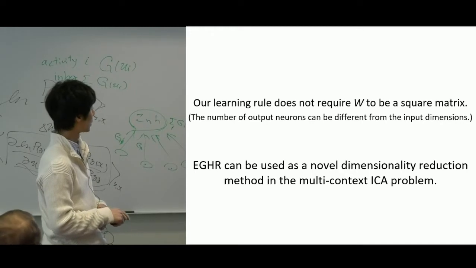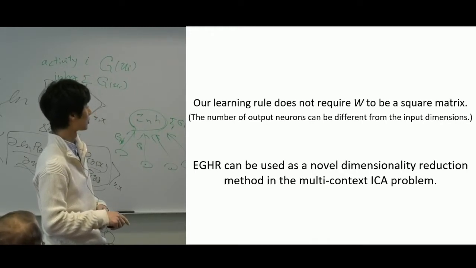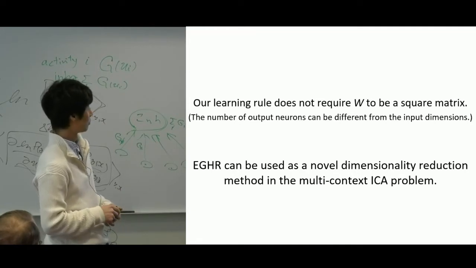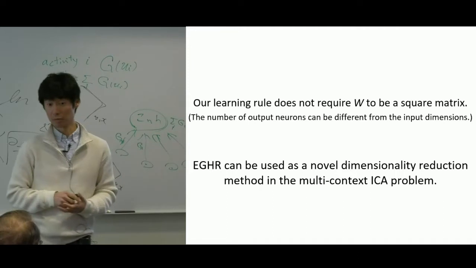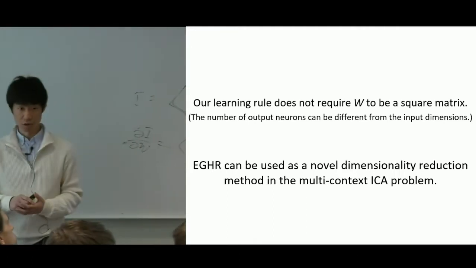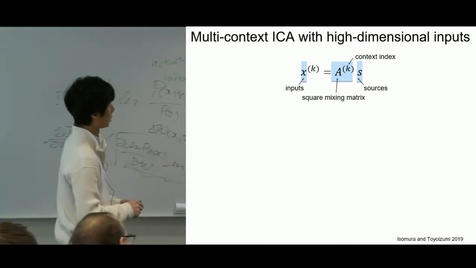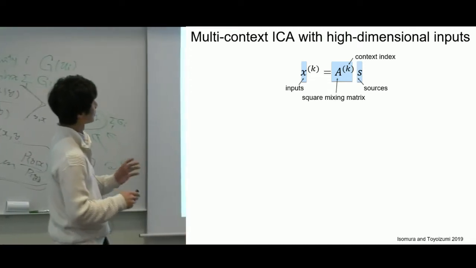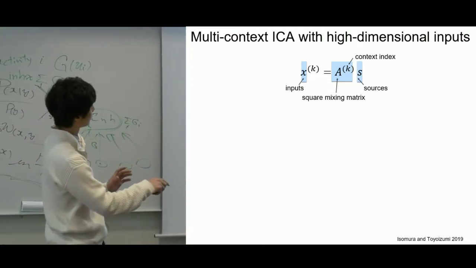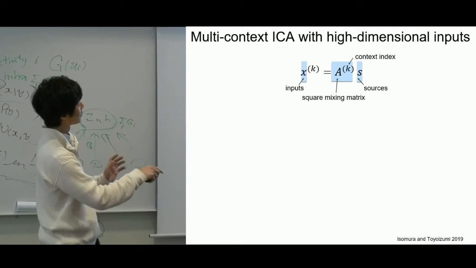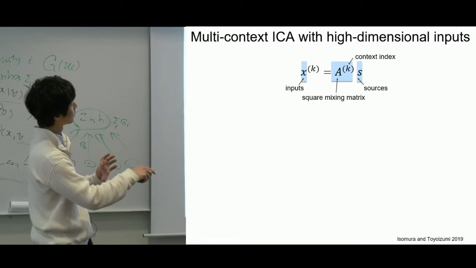I now show that this EGHR can be used as a novel dimensionality reduction method in the multi-context ICA problem. So let me introduce the multi-context ICA problem. In the standard setup, let's say this is a source vector, multiple sources.